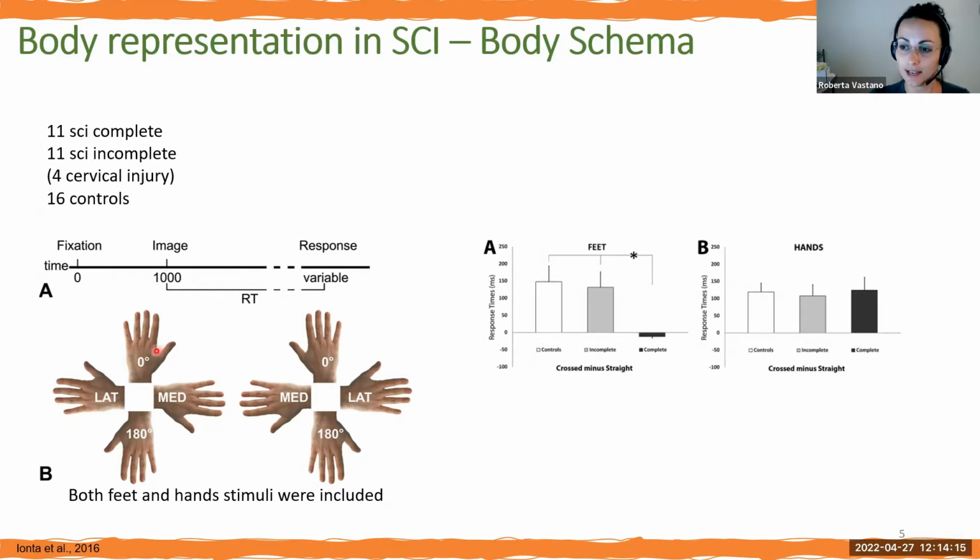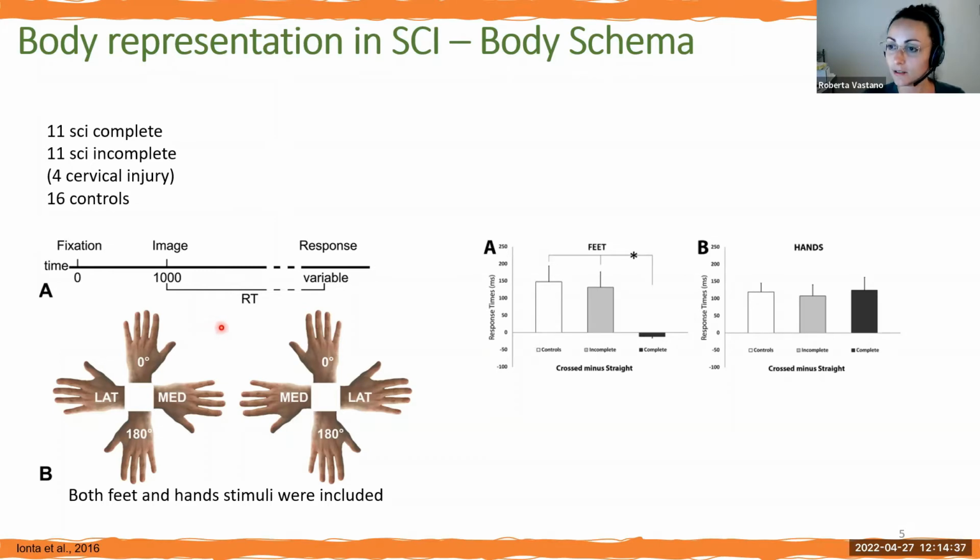They could see a hand or a foot, and this stimulus could be oriented in 4 different angles: 0 degree, 90, 180, and 270. What is interesting in this study is that they asked the participants to perform this task adopting 2 different postures.